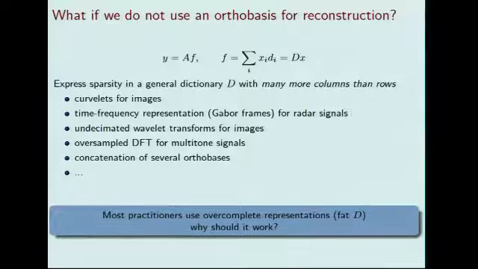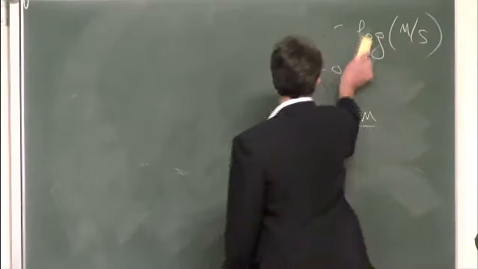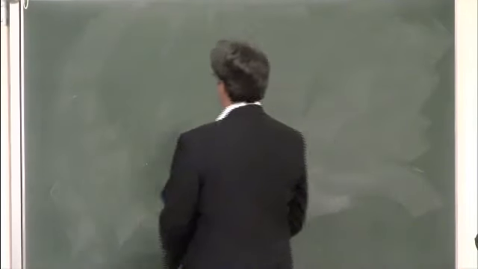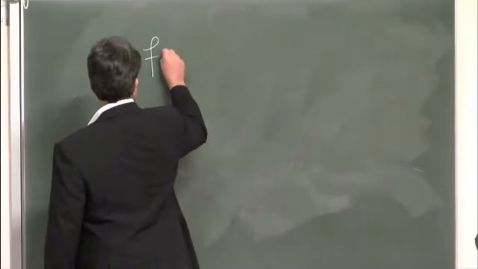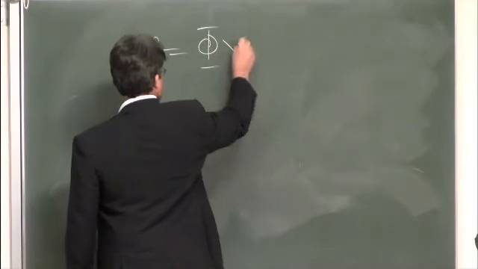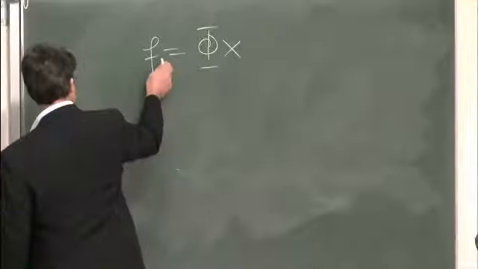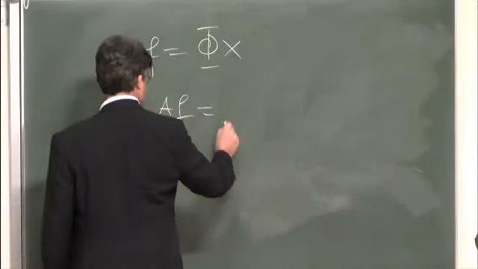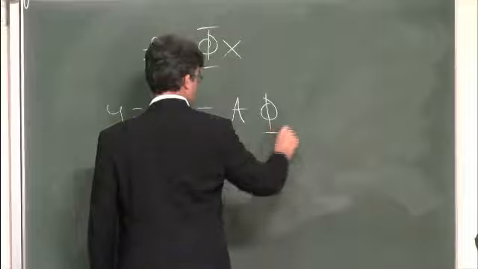So you pick your favorite basis, which we're going to call phi, and we're going to express sparsity in the basis phi. So we write f equals phi x.